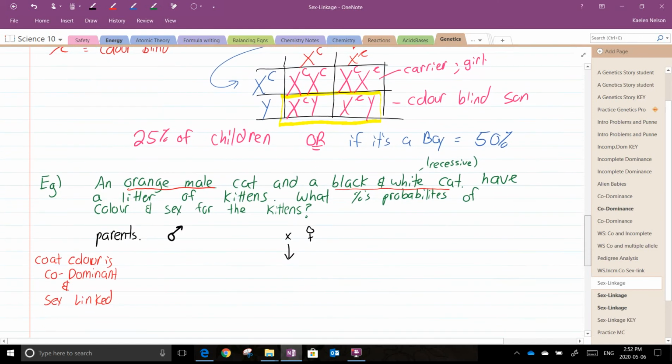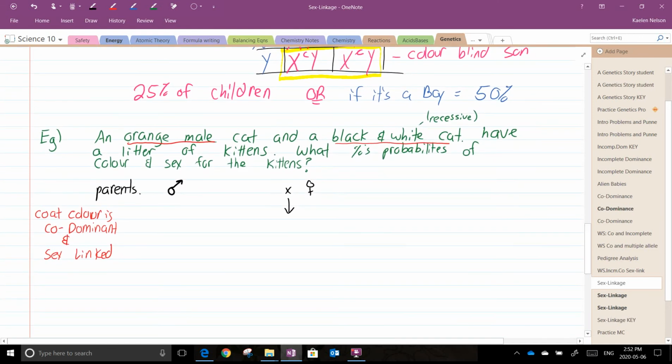Okay, our last question is about calico cats. You might remember my calico cat question from the codominance lesson. The coat color is codominant and sex-linked, so we're going to have quite a variety of letters here. So the parent male, X, Y, and it says it's an orange male, so I'm going to call that XOY.